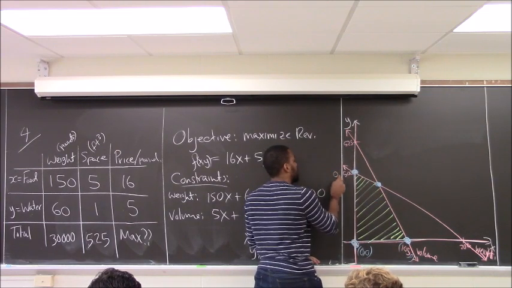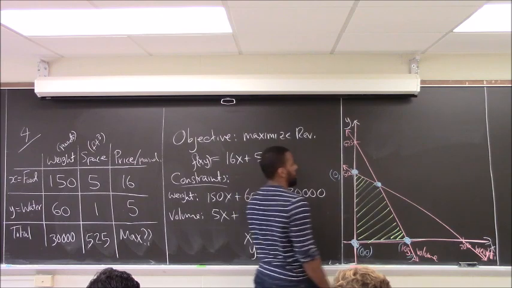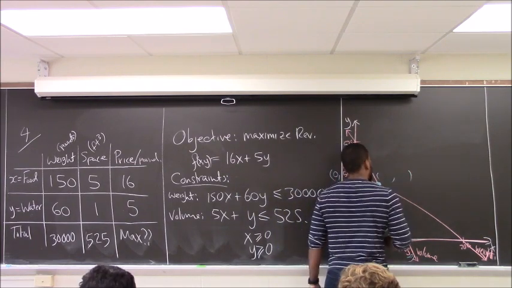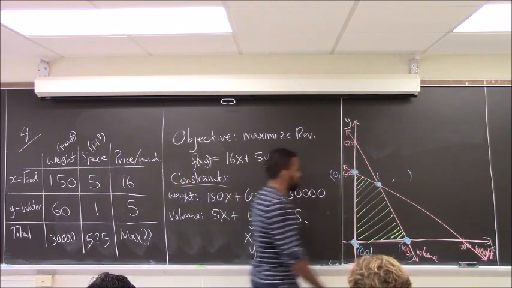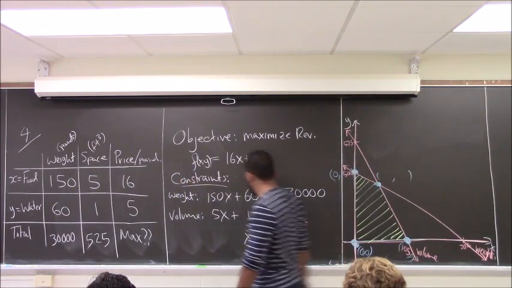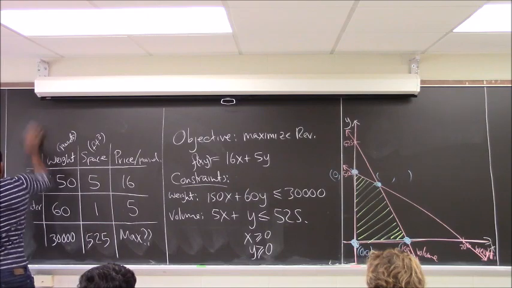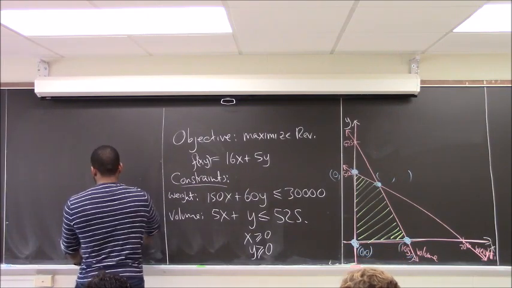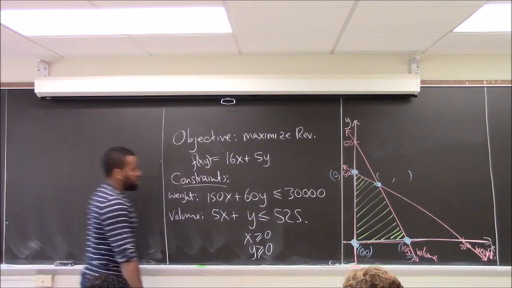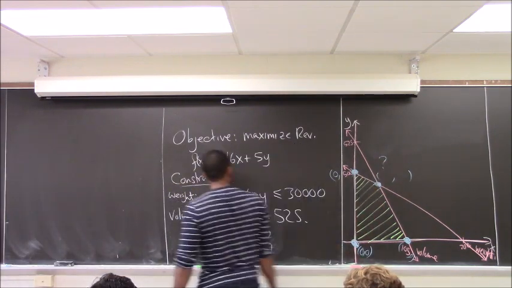This is 0, comma 500. And this last one, well, let's figure it out. Pretty much set these two, solve the system of equations. Let's find what that point is.